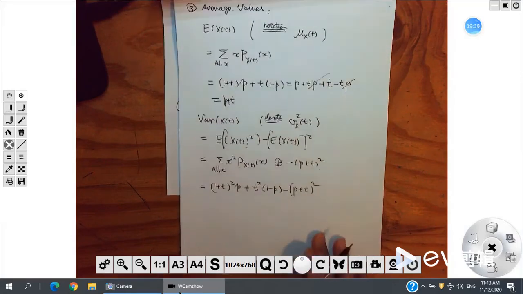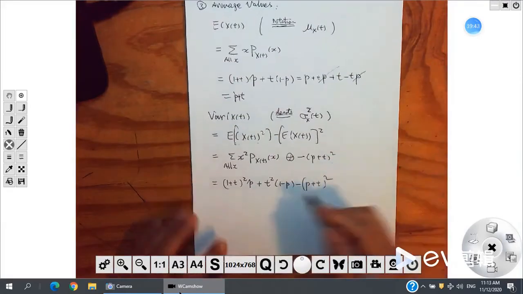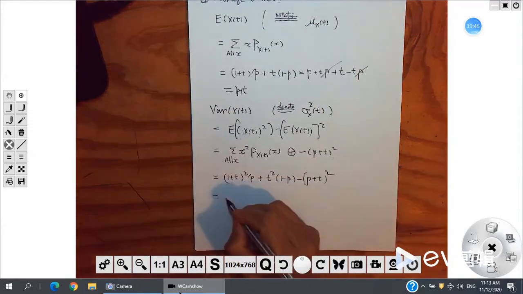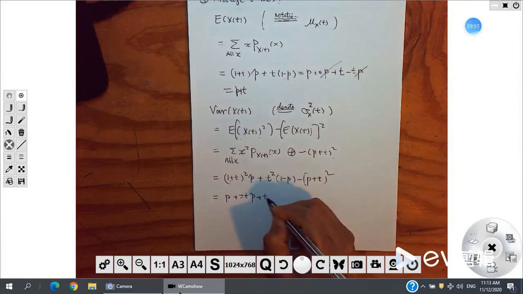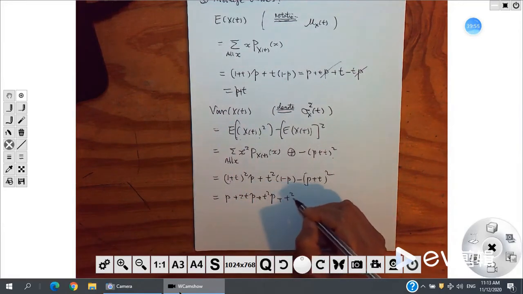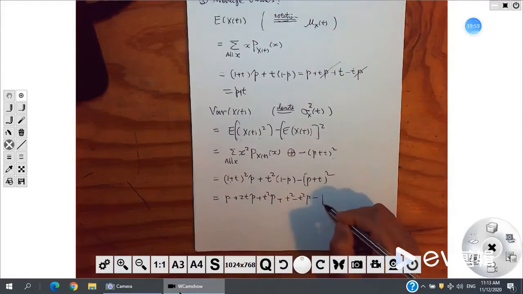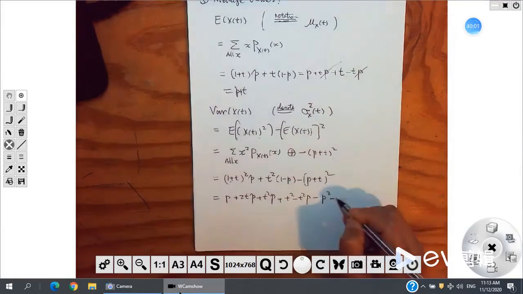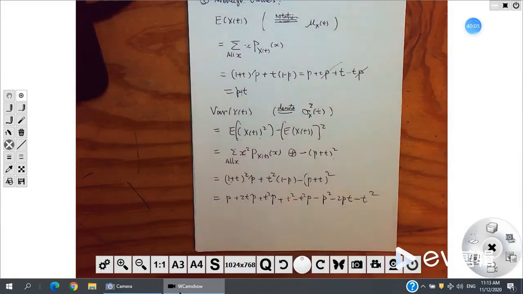Okay, let me do the calculation. I need to separate them. This is 1 times p plus 2t times p, and t squared times p. Second term is t squared minus t squared p, and the last one is minus p squared minus 2pt minus t squared. Okay, we should have some terms cancelled, right?